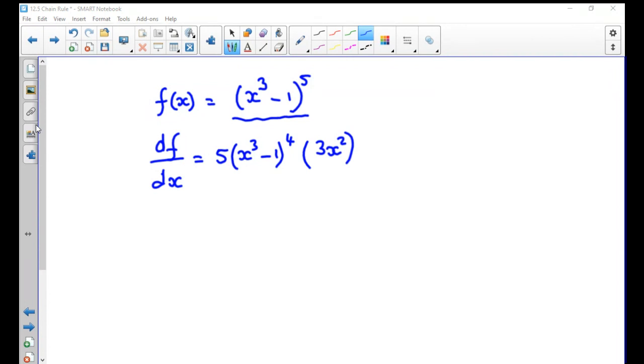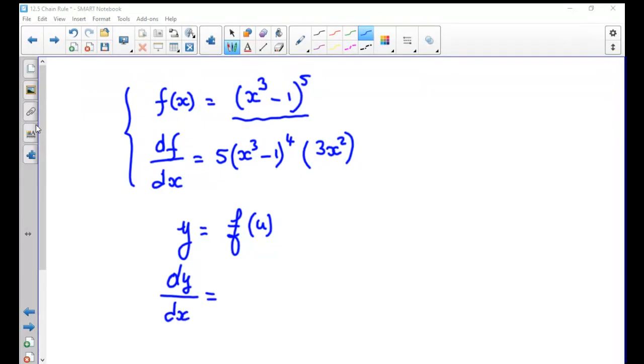You are using the chain rule, where you are differentiating a function f, y equal to f of a function u. Then if you want dy over dx, it's going to be basically the derivative of f with respect to u, which is what we have here.